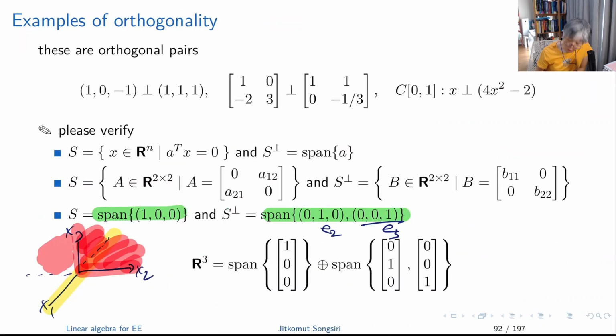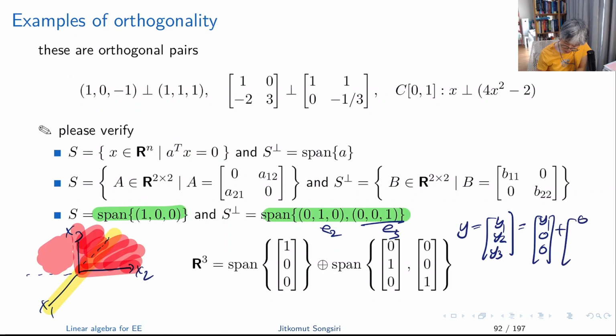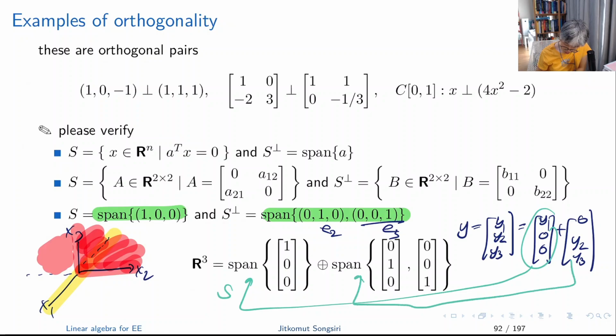If we apply the orthogonal decomposition to this example, any y with components y1, y2, and y3, you can write it as y1, 0, 0 plus 0, y2, y3. And you can see that the first component belongs to S and the other one belongs to S perp.